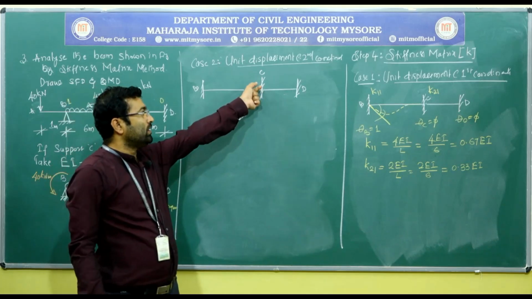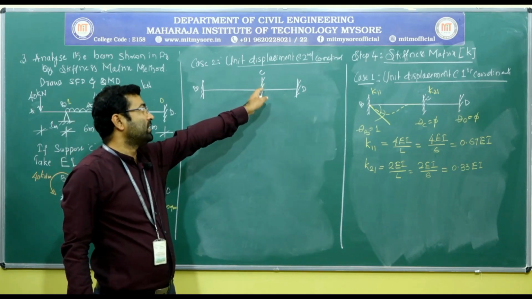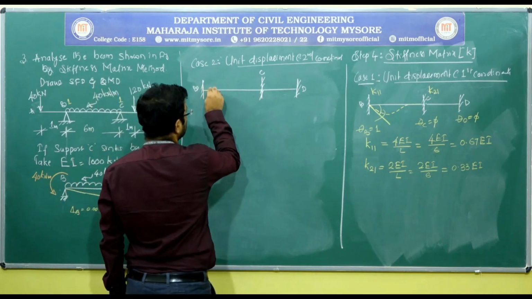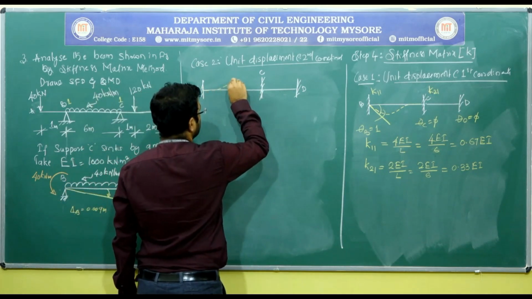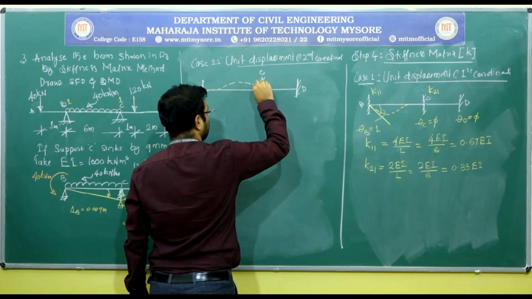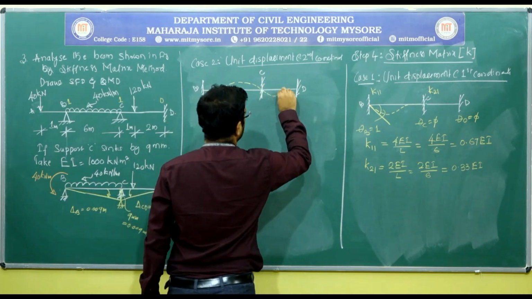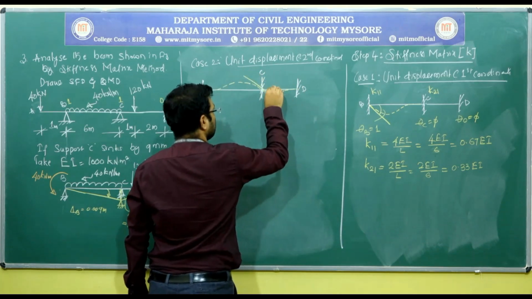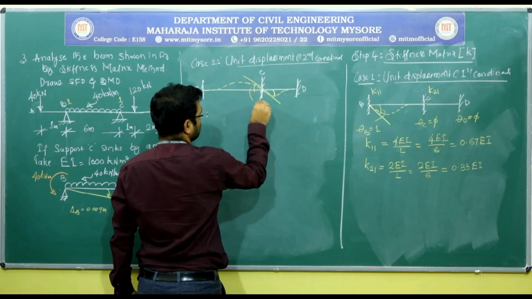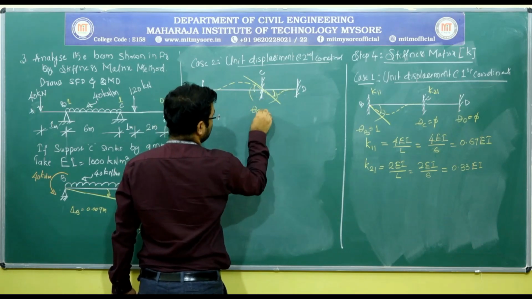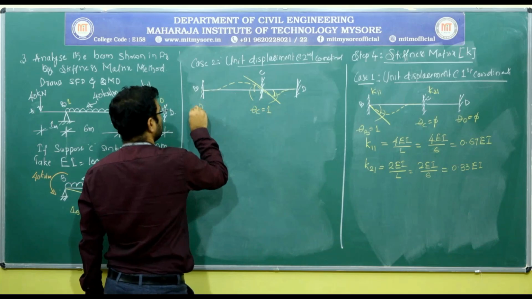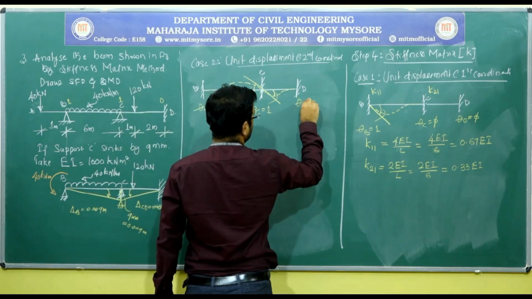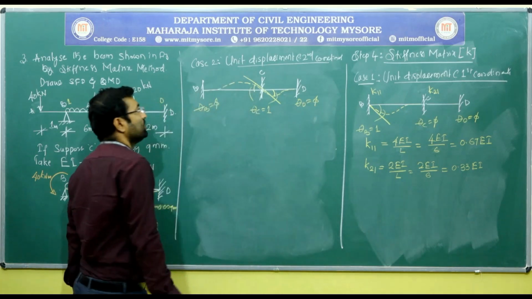Now here what I need to do is induce one unit displacement at the second coordinate, that is at point C. If I rotate this point C by 1 unit, the beam will undergo a deformation something like this, where this rotation, theta C, is about 1 unit, whereas theta B is 0 and theta D is also 0.